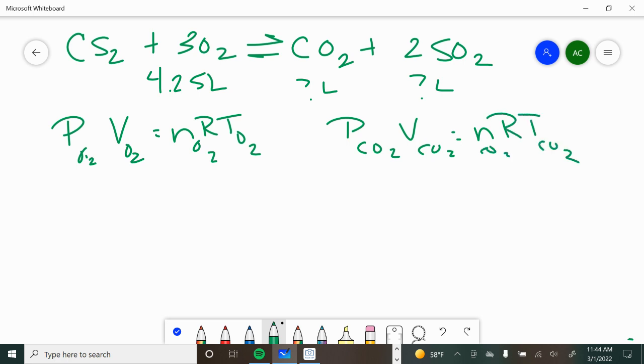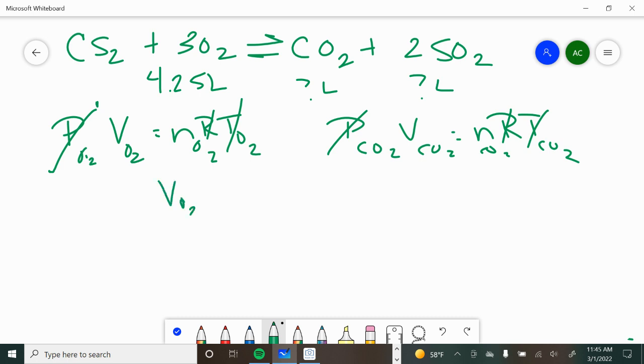If we make a ratio of those two things, what things are going to cancel out in our ratio? So what's the same in both situations? The pressure is the same. What else? The temperature is the same. R is a constant, right? So it's the same. Pressure, RT. So what are we actually comparing? The volumes and the moles.